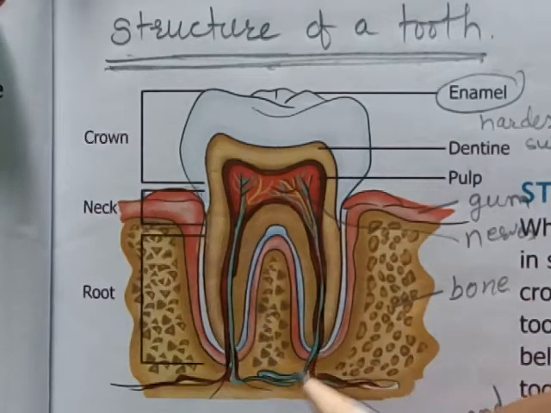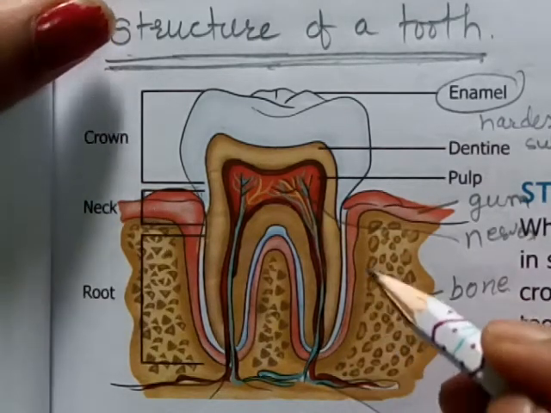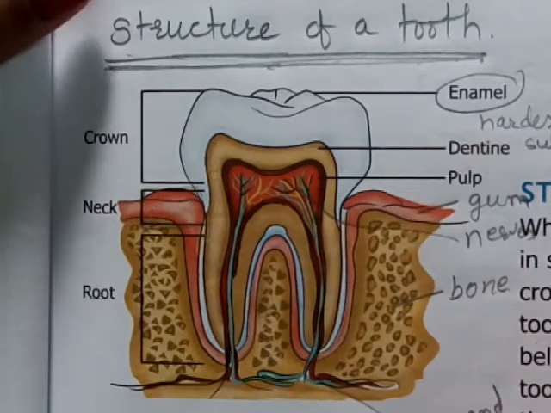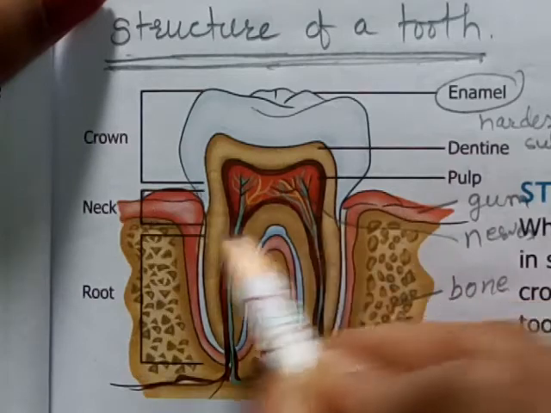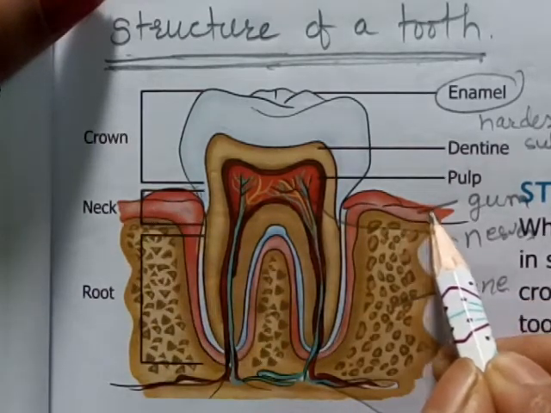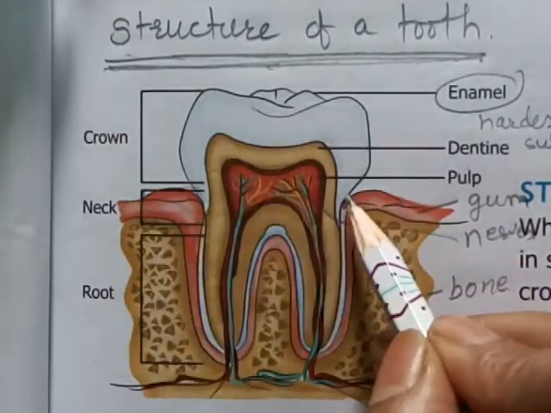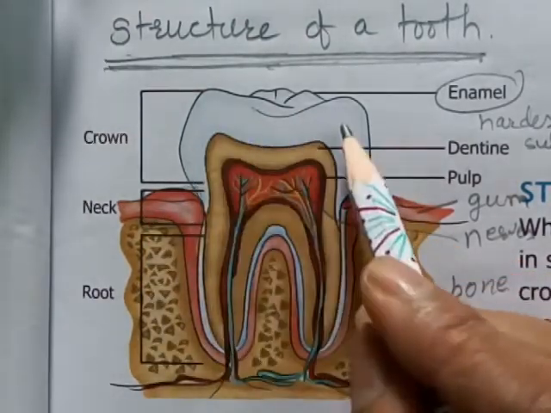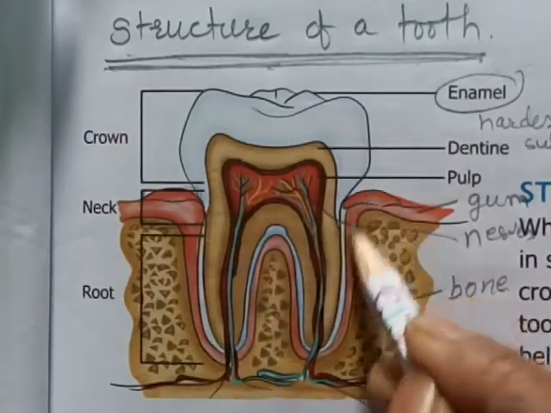When we smile we see white shiny teeth fixed in soft pink gums. This is the place where the tooth is fixed. That means the tooth is fixed in the gums.